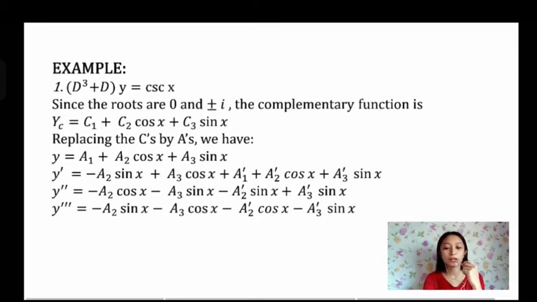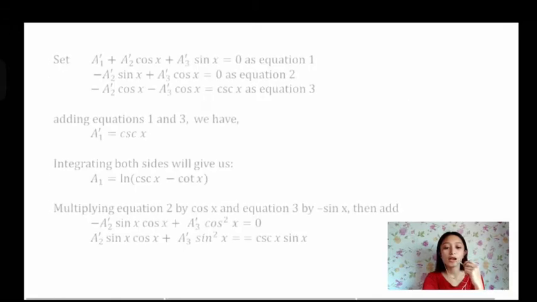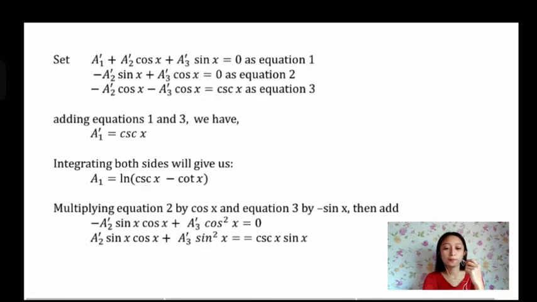Tapos ang magiging equation 1 natin is a sub 1 prime plus a sub 2 prime cosine x plus a sub 3 prime sine x equals 0. Then yung equation 2 natin is negative a sub 2 prime sine x plus a sub 3 prime cosine x equals 0. Yung equation 2 na yun, nakuha natin dun sa y double prime sa second derivative.